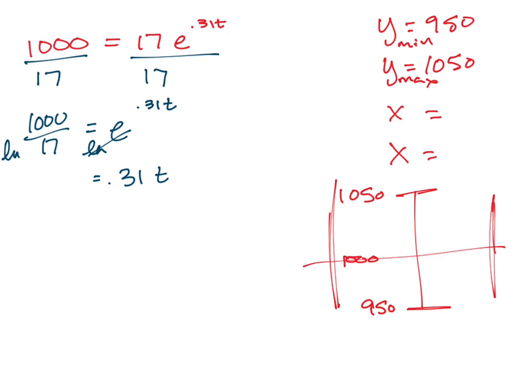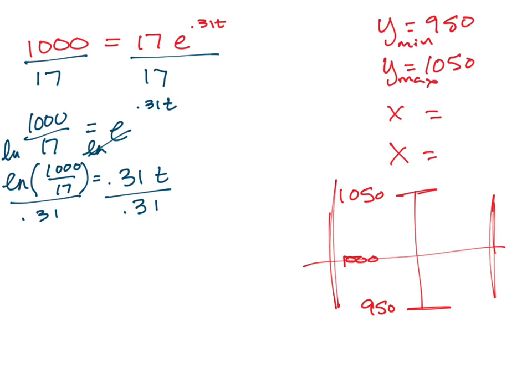So on the left side, now I have the natural log. When you type natural log on your calculator, it opens parentheses. You're going to stick that 1,000 over 17 in the parentheses. Do we also need to divide by 0.31? That's next. We're still going to get t by itself. The only thing left here to do is divide by 0.31.